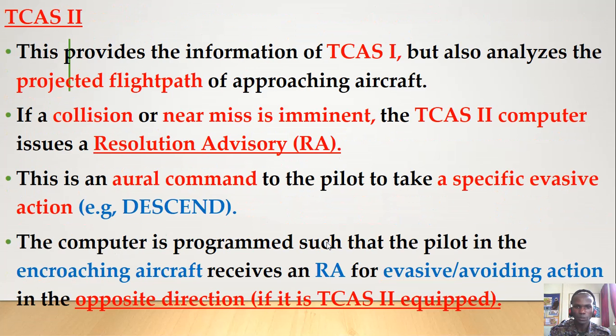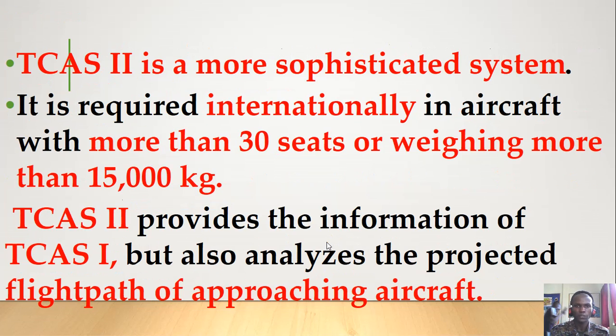TCAS 2 is similar in providing steer information, but it issues an RA, that is, if the collision is nearby. It offers an evasive or avoiding action.